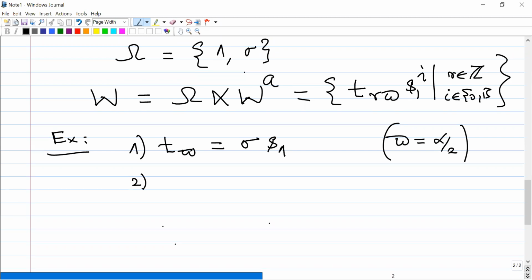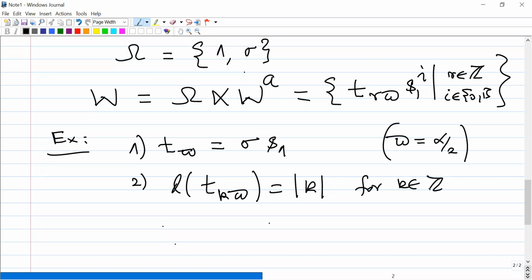The second thing is that it is easy to compute the length of all these elements. For example, the length of T^(k omega) will be exactly the absolute value of k, for k in Z. One can explicitly write down what T^(k omega) is in terms of the generators S1, S0, and sigma.